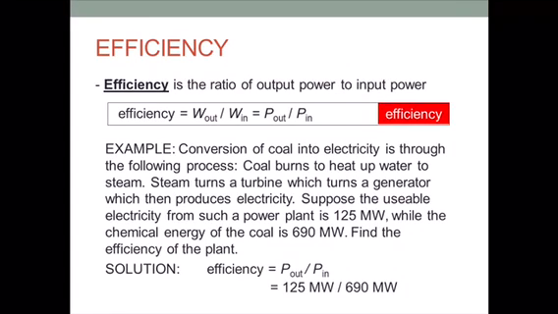Power in is the total power that could potentially be used, but isn't necessarily being used. In this situation, it's the total chemical energy in coal, which is 690, which gives us an efficiency of only 18%, or 0.18.